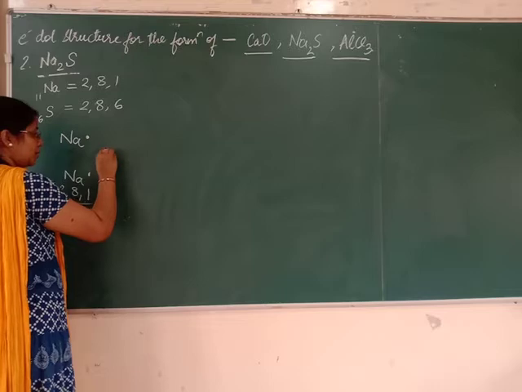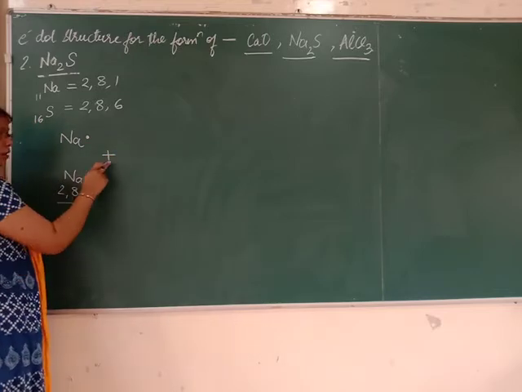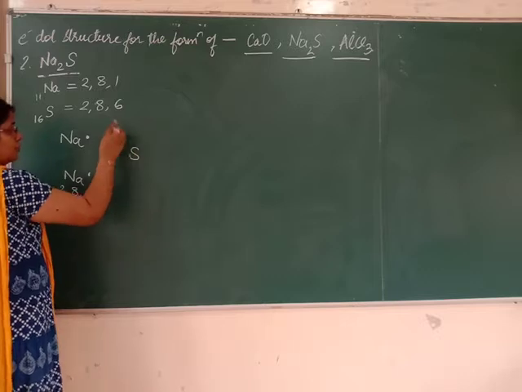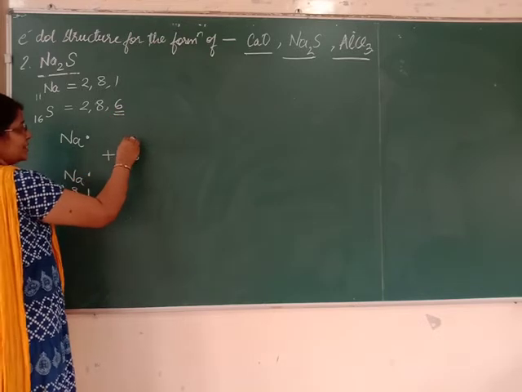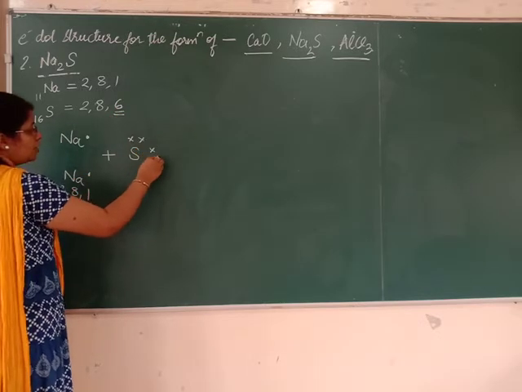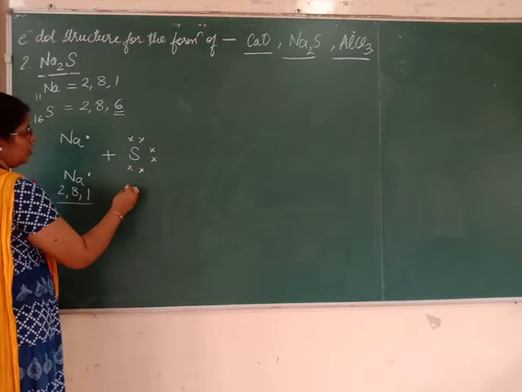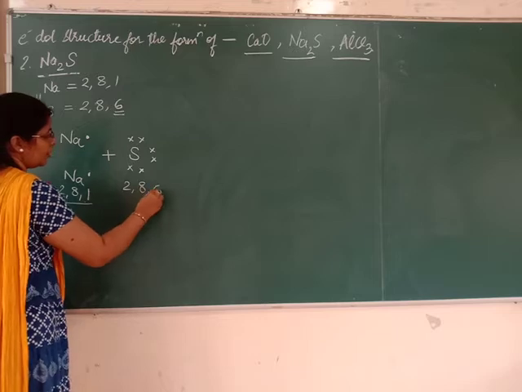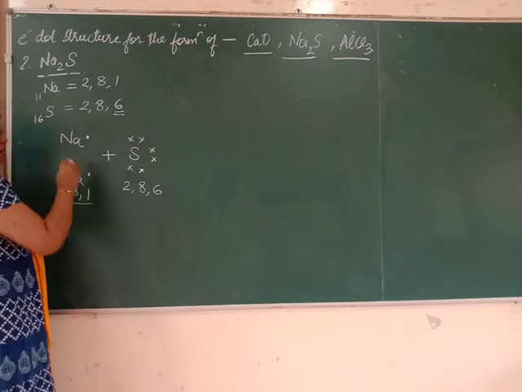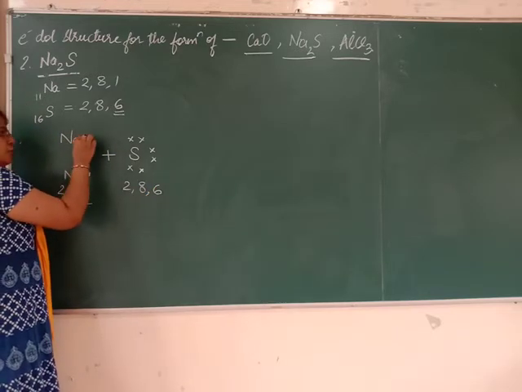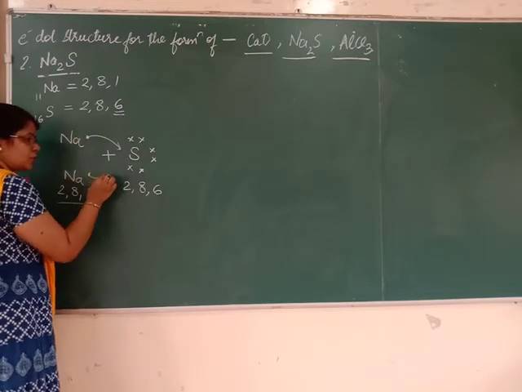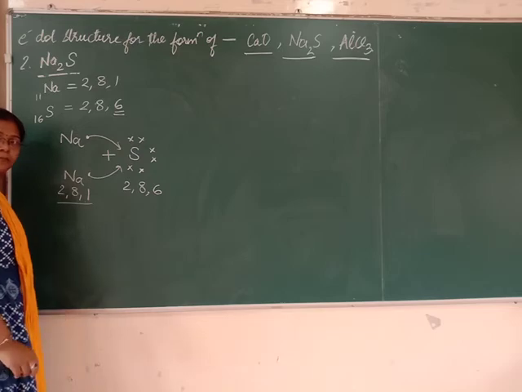These 2 sodium atoms will combine with a sulfur atom which contains 6 electrons in the outermost shell, because its electronic configuration is 2, 8, 6. This sulfur will accept 1 electron from this sodium atom and 1 electron from this sodium atom.